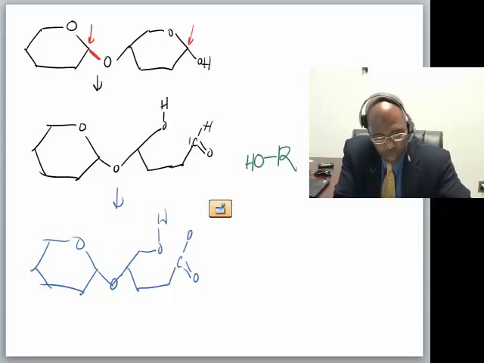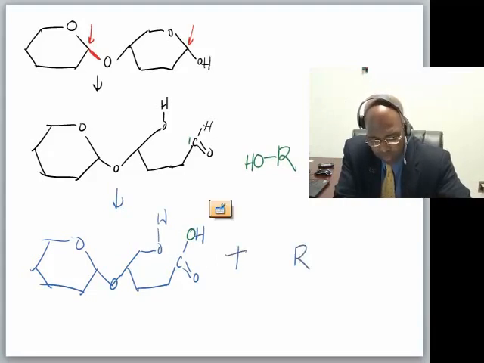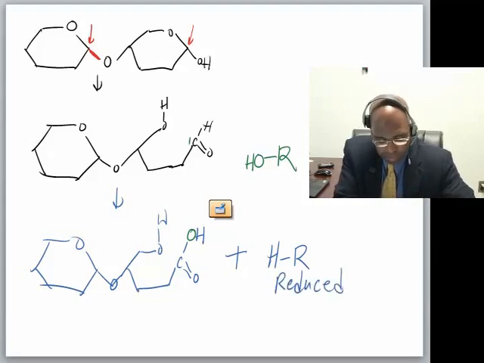We'll have here O. It can take away this oxygen, and then it can leave whatever this is reduced. So this has become reduced, and this has become oxidized.